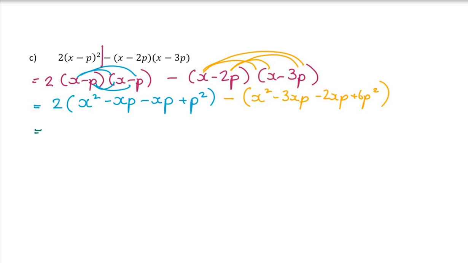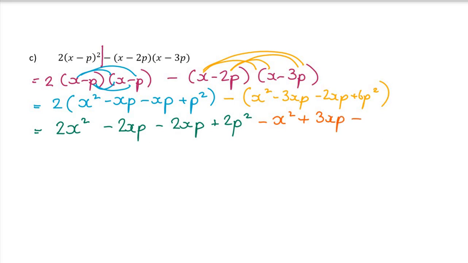Now I could simplify like terms already within each bracket, but I'm going to have like terms in the last line anyway. So I'm just going to be lazy, and I'm going to multiply in my positive 2, sorry. So 2p squared. And my last one is minus x squared plus 3xp plus 2xp minus 6p squared.